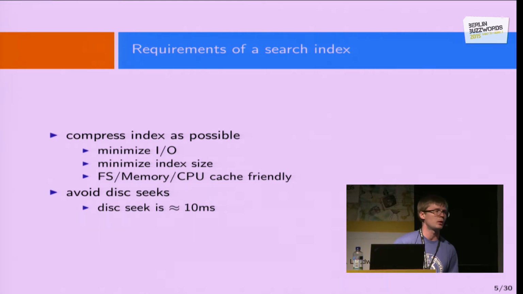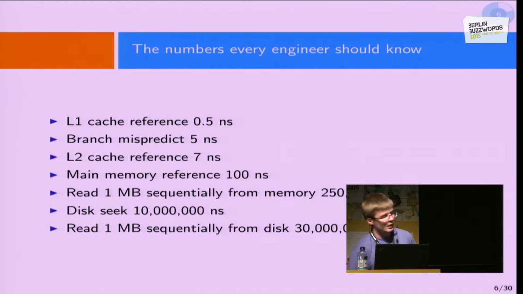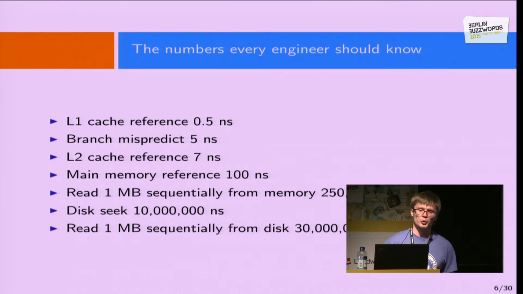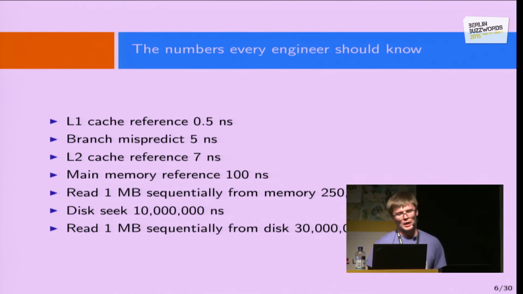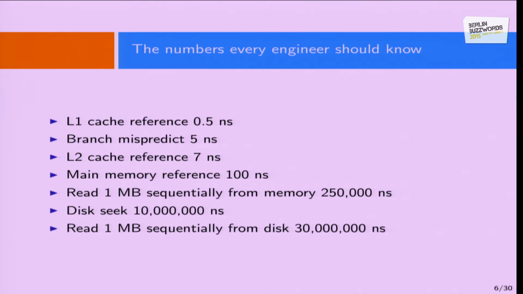Why should we worry about caches? Why do we need to compress data? Because for modern computers, the basic mantra is that fast memory is expensive. So modern computers have a complex hierarchy of caches.